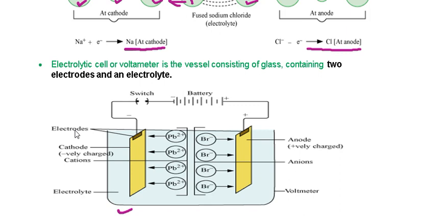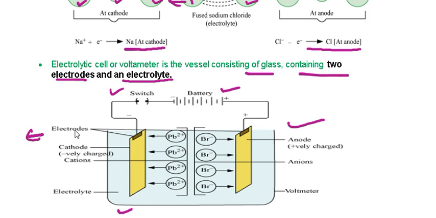An electrolytic cell or voltameter is a glass vessel containing two electrodes and an electrolyte. You see here, here is a switch, here is a battery, the right hand side is the anode, and the left side is the cathode.